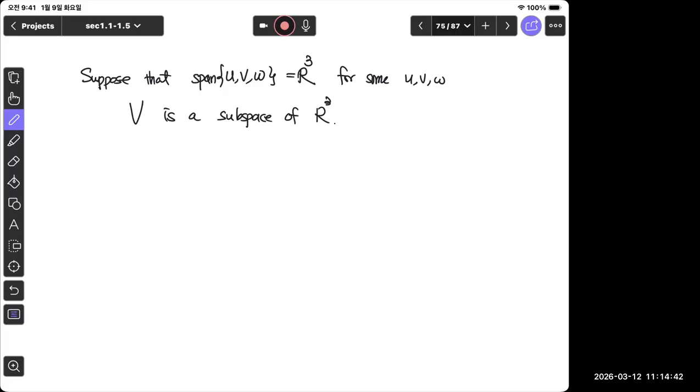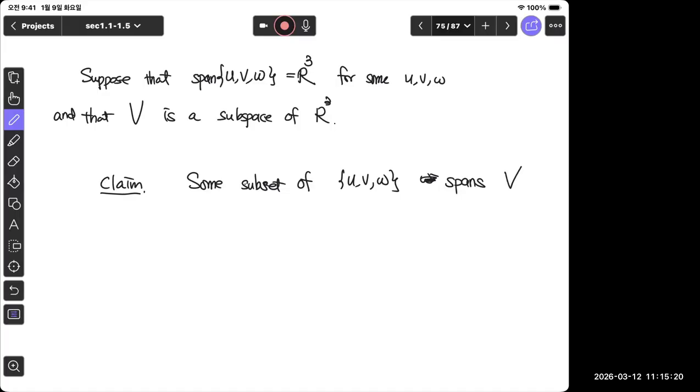Here is my claim: some subset of these three vectors will span the space V. If I make this claim, is it true?